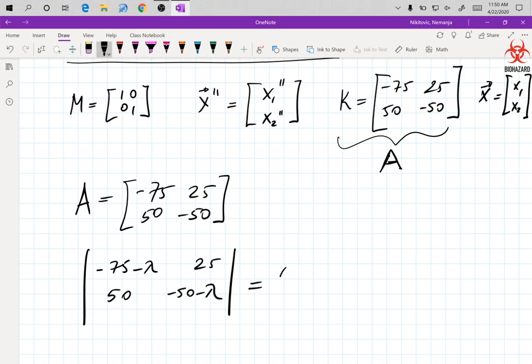So that is going to be negative 75 minus lambda times negative 50 minus lambda, minus 50 times 25, that's what? 25 times 25 times 2, 625... My brain stopped working completely.